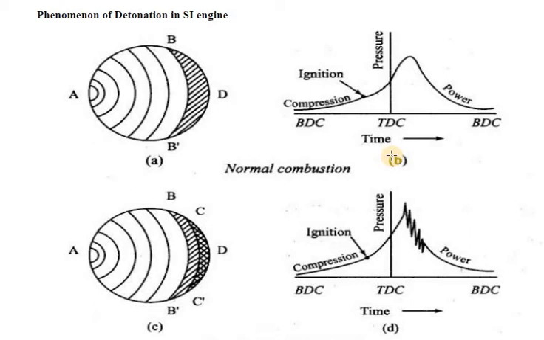Here I am not explaining knocking. I'll just explain once more how normal combustion takes place. What will happen during knocking? The auto ignition of a portion of the unburned charge at the end of the combustion process will take place.